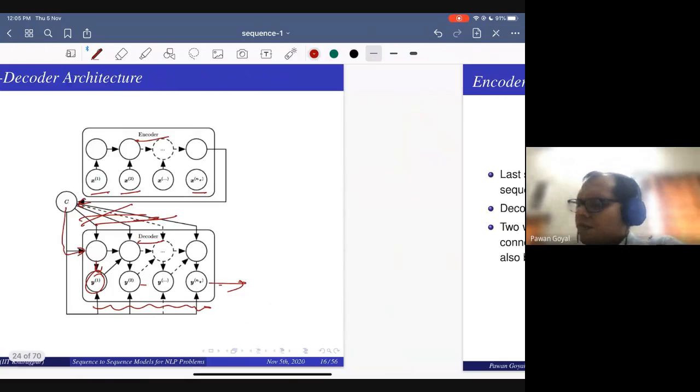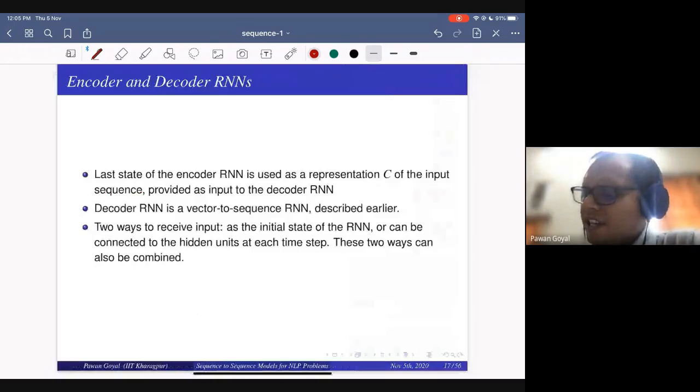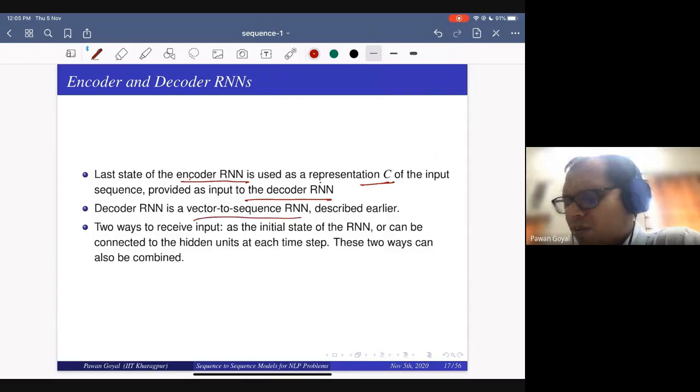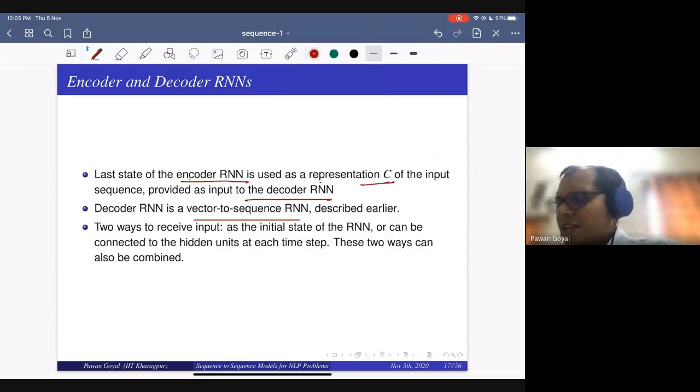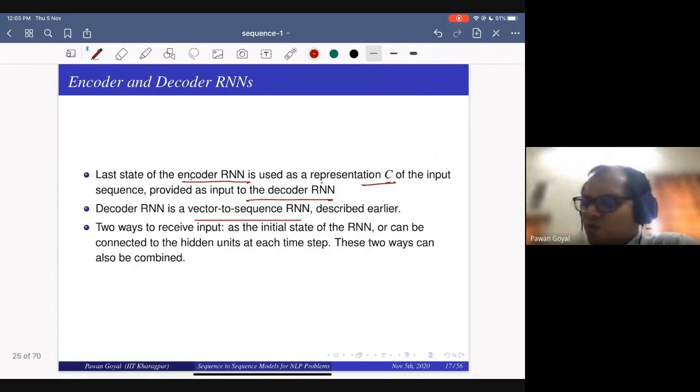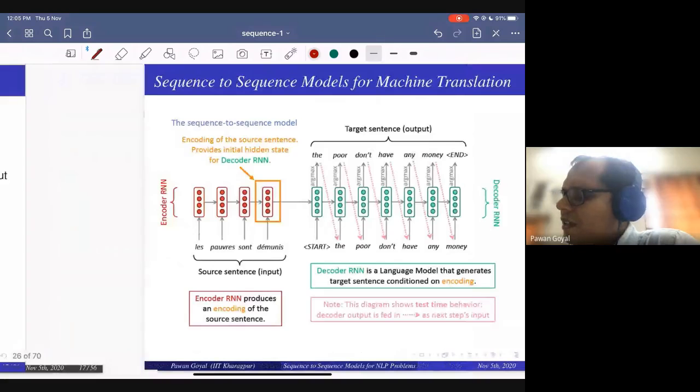So what we are saying, the last state of the encoder RNN will be used as the encoder representation of the input sequence, and you provide that as an input to the decoder RNN. And the decoder RNN is a vector to sequence RNN, a fixed dimension to a sequence, and you can do various experiments on what kind of connections you can use. But the simplest would be you have a simple connection from this context C to output.